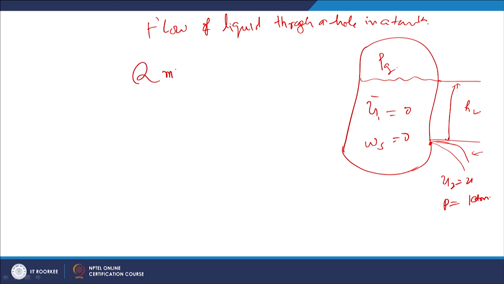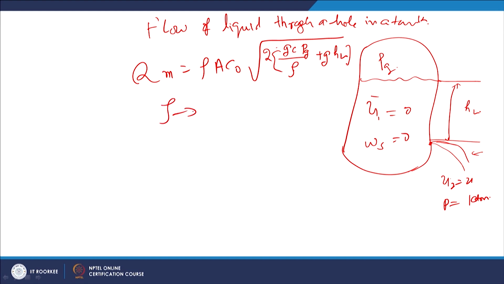So Qm is equal to rho A C naught under root twice gc Pg upon rho plus g HL, like this. Rho is the density of the liquid and A is the leak cross section area.